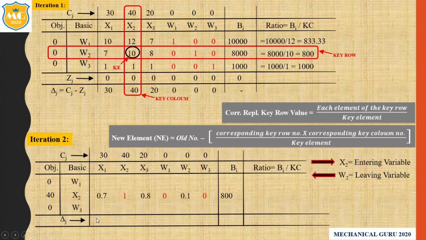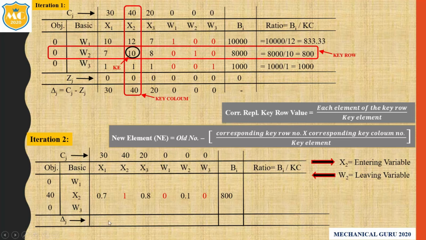So this is our new element. How to find this value? New element is equal to old number minus, in bracket, corresponding key row number into corresponding key column number divided by key element.